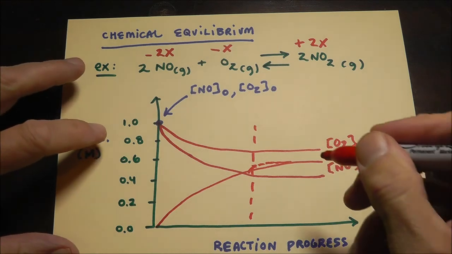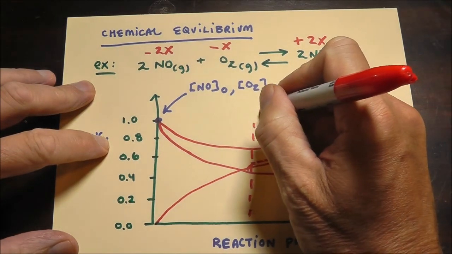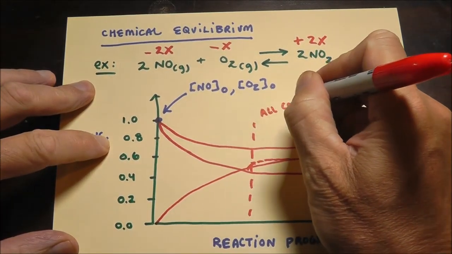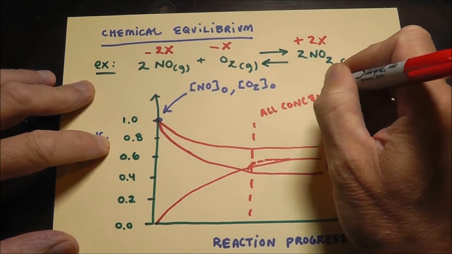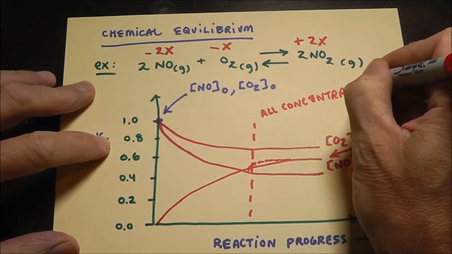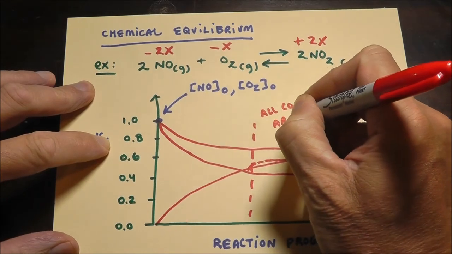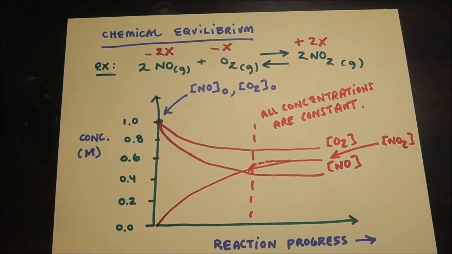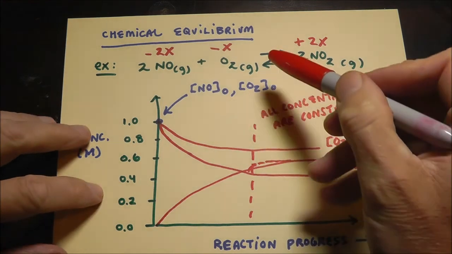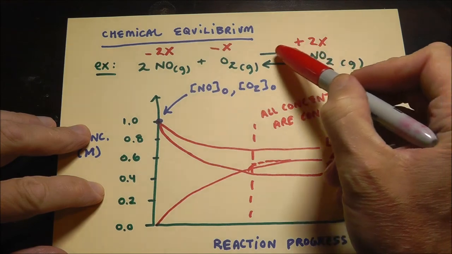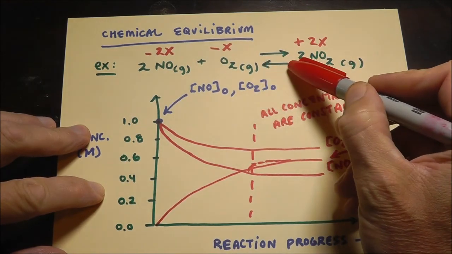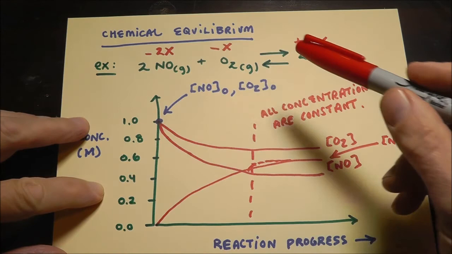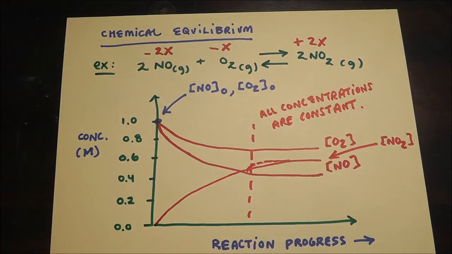But it didn't stop changing. It just reached a point of equilibrium, and this is where all concentrations are constant. So this is actually changing, but nothing is giving way in terms of concentration, because the rate of production of the products is equal to the production of the reactants, and now they're both going at the same rate.